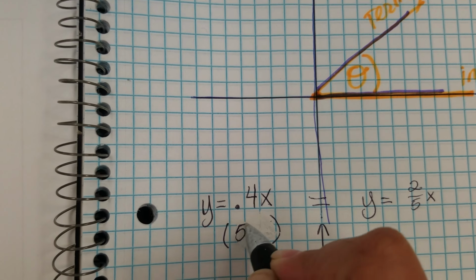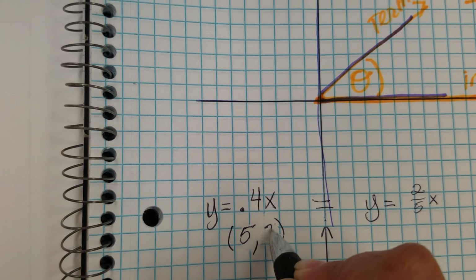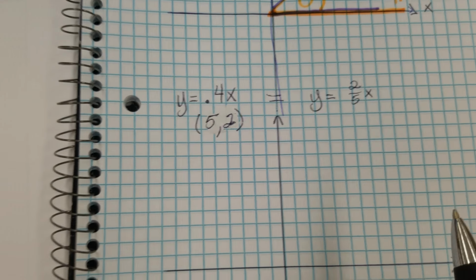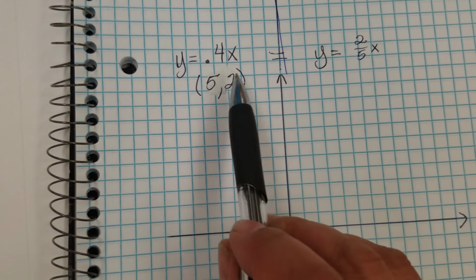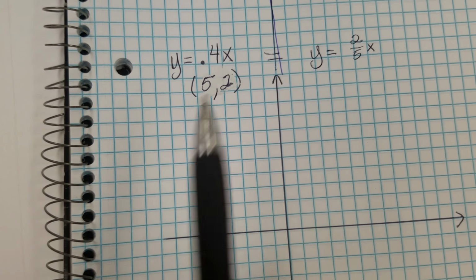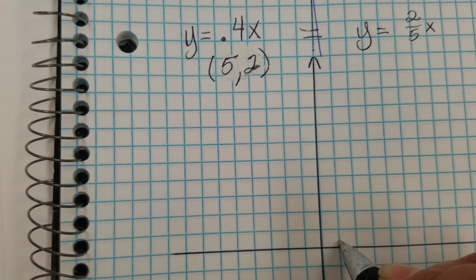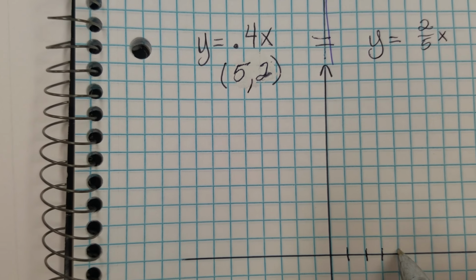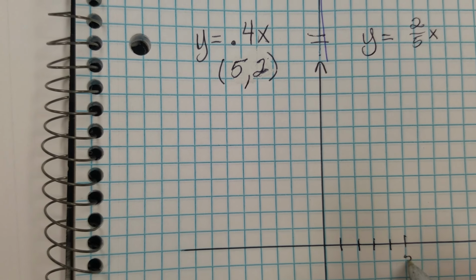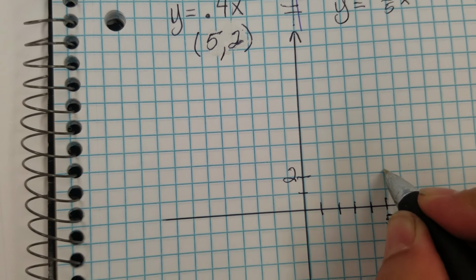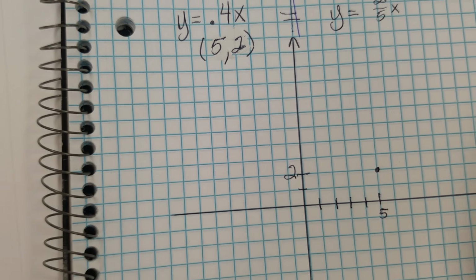So if we want to figure out the angle that is created by this line containing this point, we would simply go to 1, 2, 3, 4, 5, and then 2 on the y-axis, and so there it is.